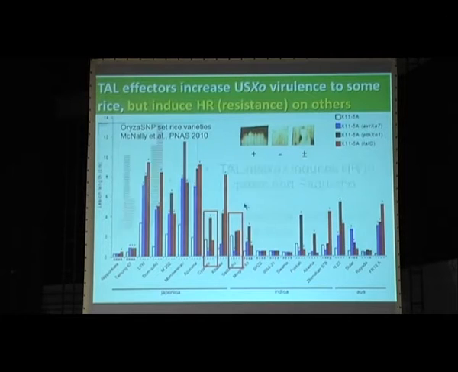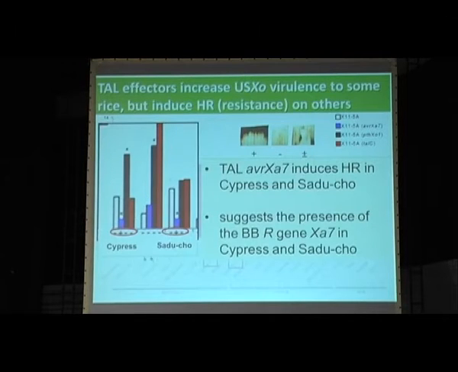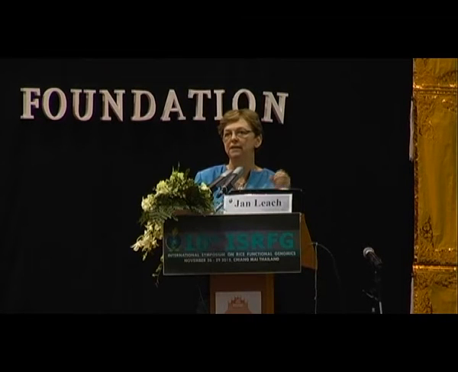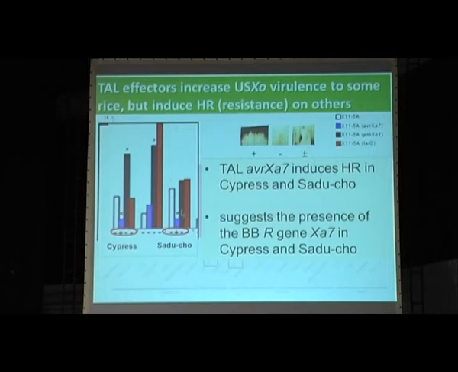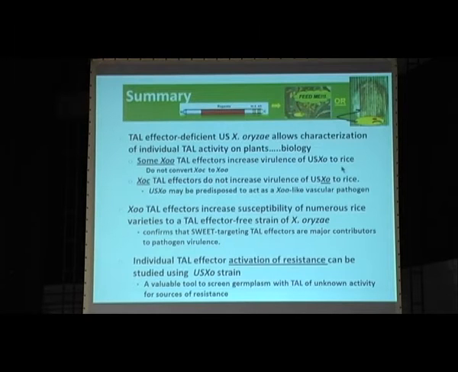And sure enough, and I'm going to blow that section up, in 2 varieties, if you look at this plus, it indicates that with the AvrXa7 gene, we're able to identify single resistance genes. Now, of course, this gene is known, but the question now will be, can we identify novel sources of resistance? And in fact, we have seen hypersensitive type responses in cases where we really don't know what the interaction is. And so that's the next steps for the study.